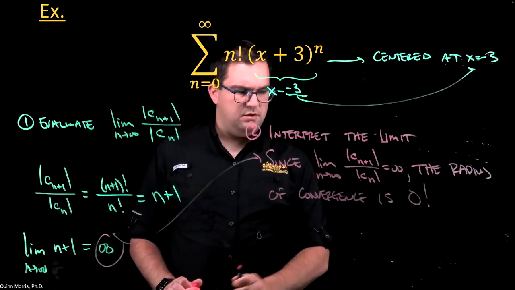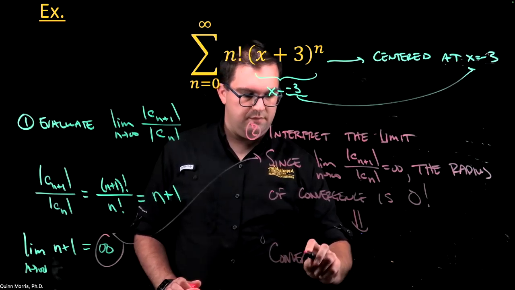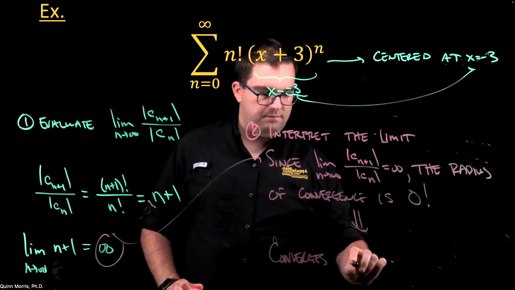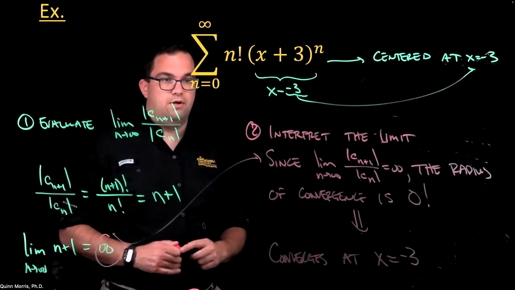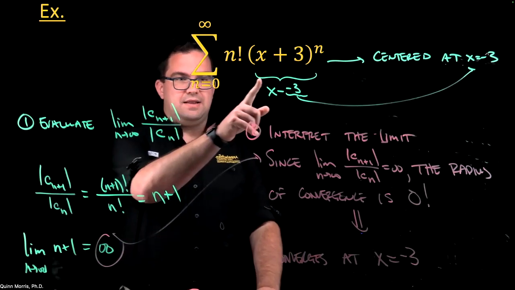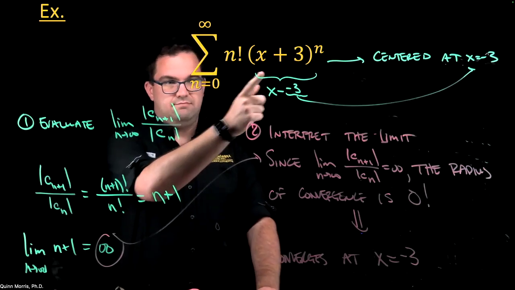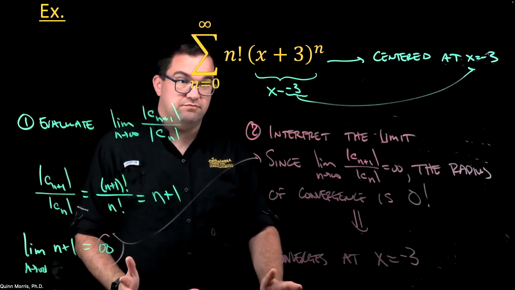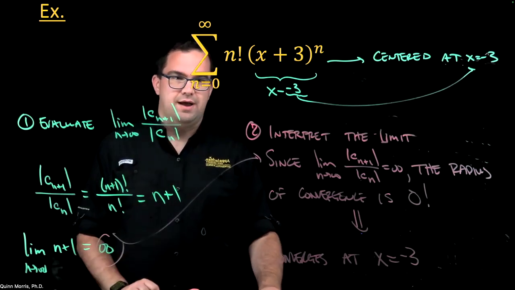And what does that mean? Well, that means that it converges only at x equal to -3, and it doesn't converge anywhere else. Obviously, if I plug in -3 here, I'm going to get 0 to the n, which is always 0, and I'll just get a sum of a bunch of zeros, which converges to 0. But if x is anything else, this series will diverge.